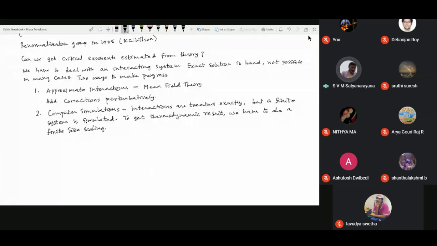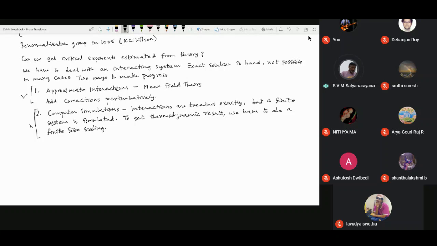So in these two alternate ways, one can make progress. Since our course is not meant for doing computer simulations, I will not proceed with this one. But let's try to do some simpler analysis of how to do this in field.